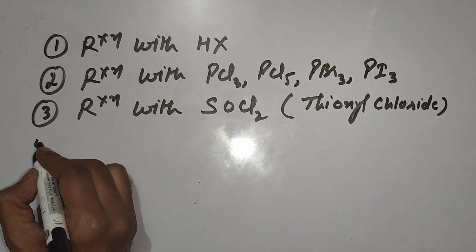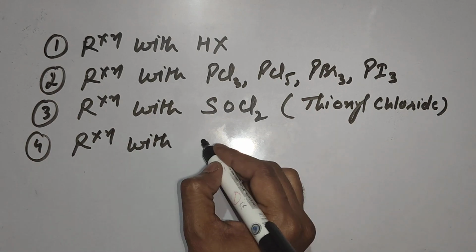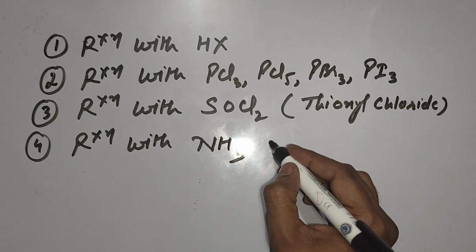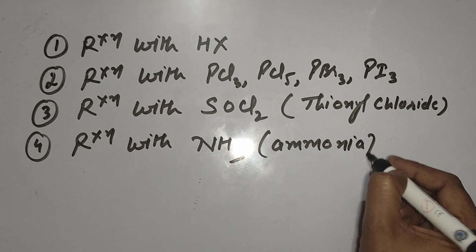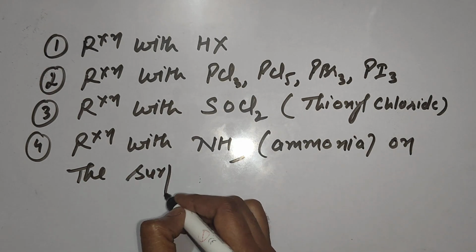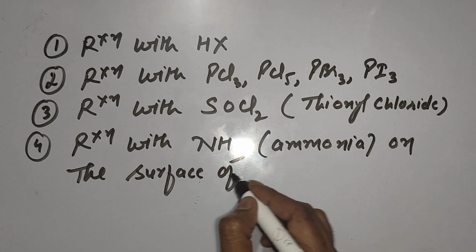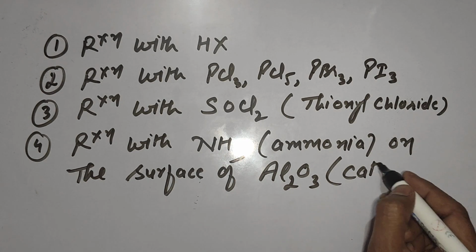And number 4, reaction with NH3, ammonia, on the surface of Al2O3 working as catalyst.